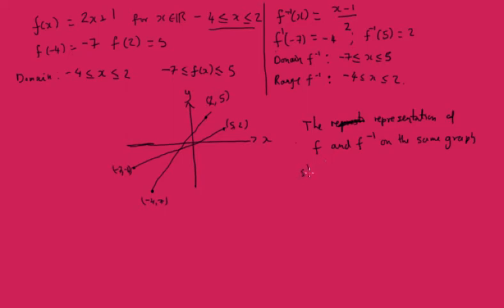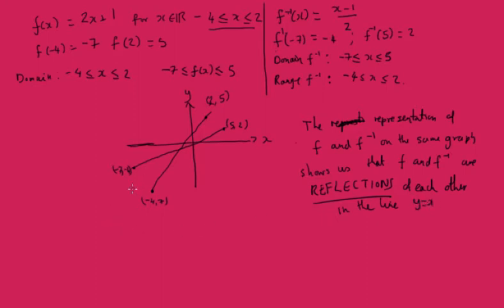It shows us that f and the inverse are reflections of each other in the line y equals x.